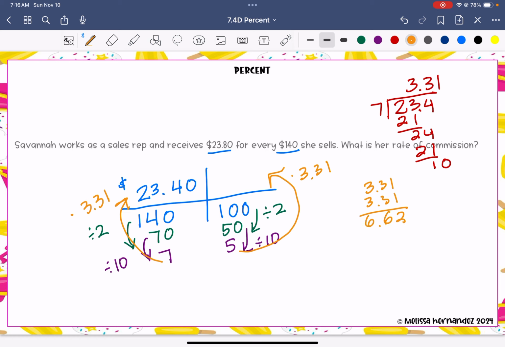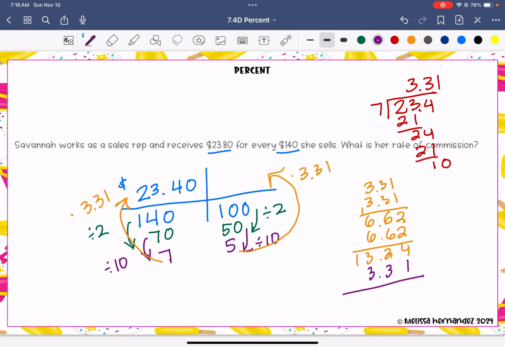So if I would double this, any strategy you want to use, it's okay as long as you get it. I feel like you have an opportunity to make too many mistakes when you're multiplying those big numbers. So right now I have it at 4, but I needed 5.